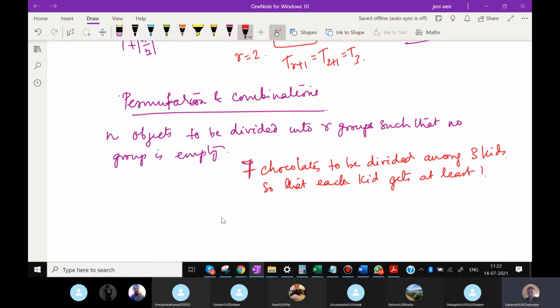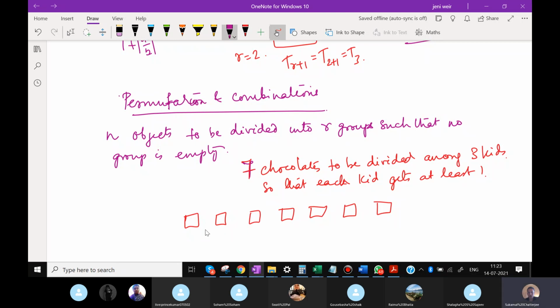Now, how am I going to do this? So I have 1, 2, 3, 4, 5, 6, and 7 chocolates. And I have to divide this into 3 parts or 3 groups so that each group has to contain at least one.